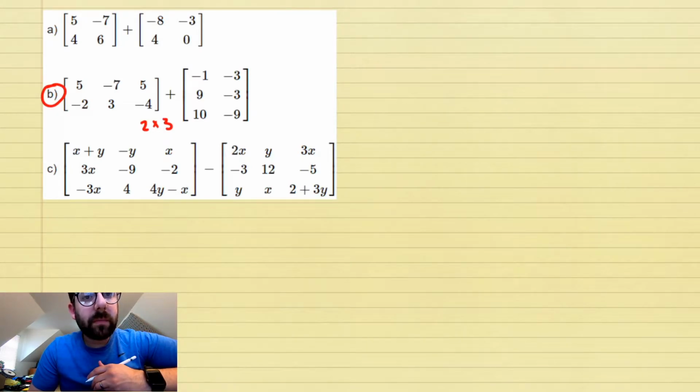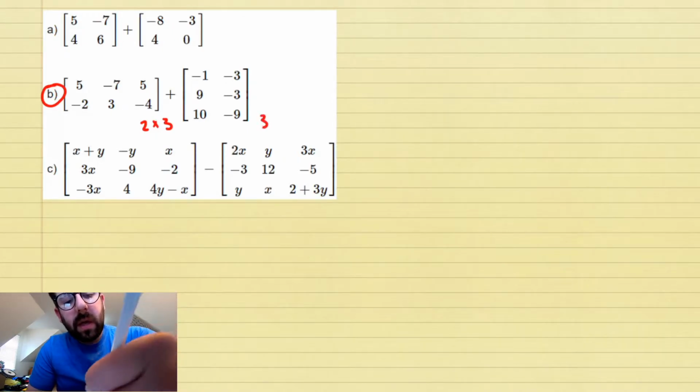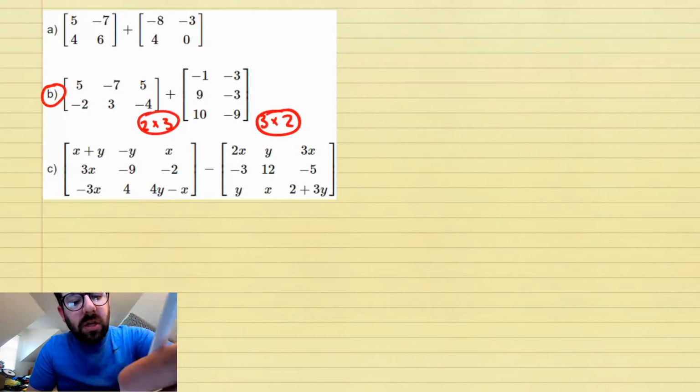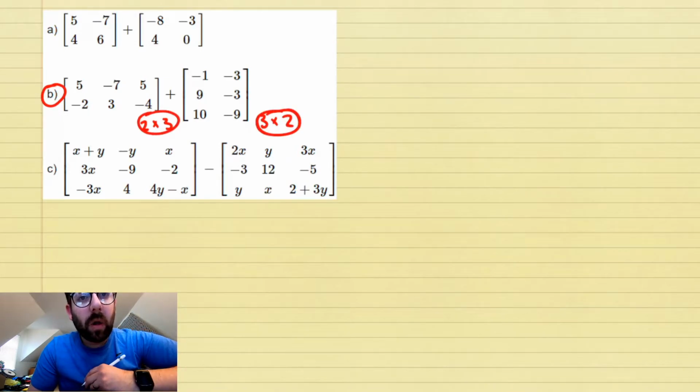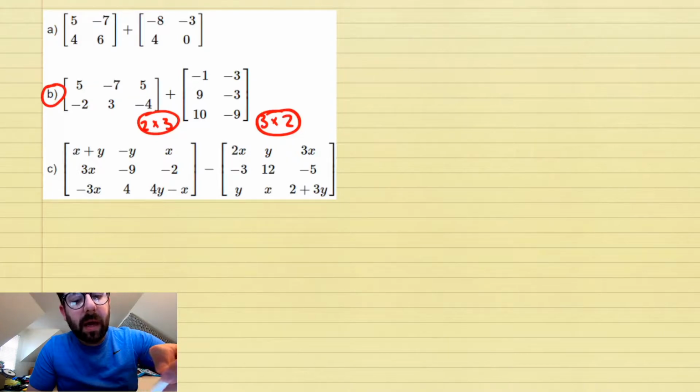It's 2 rows and 3 columns. The second matrix is 3 rows by 2 columns. They don't match at all. So you can't add them, and you can't subtract them. So this problem is not possible. The weird thing is you could multiply these two matrices together. I know that seems really goofy, but you could. So we'll go into that.